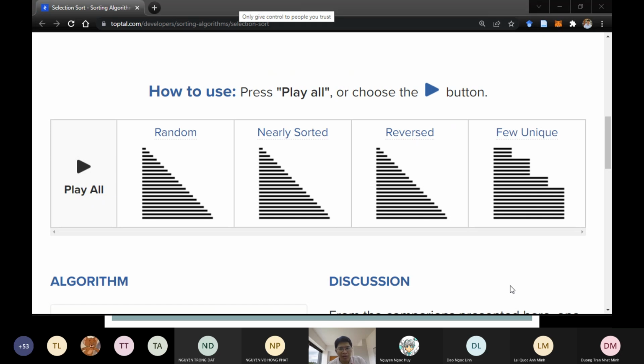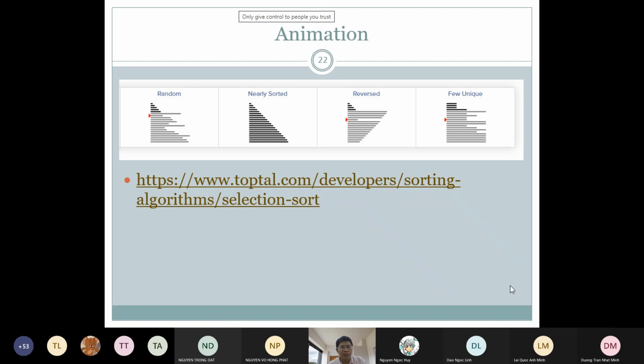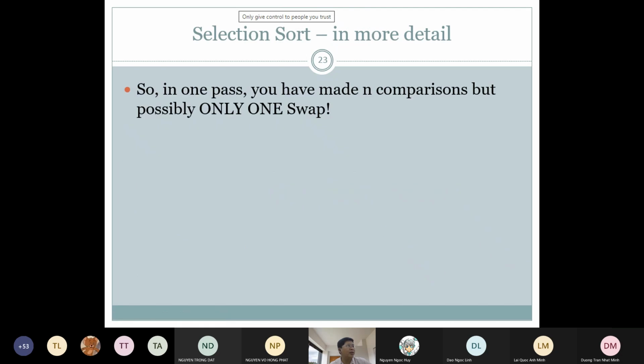Is it clear, everyone? And then you see, for all of the iterations, we have n comparisons, but we have only one swap.